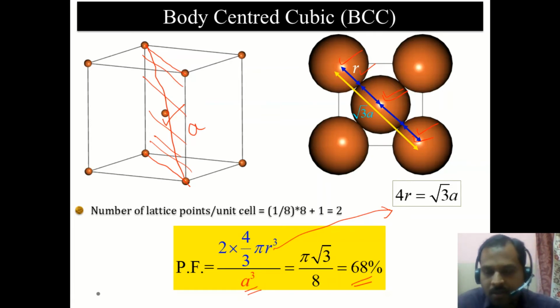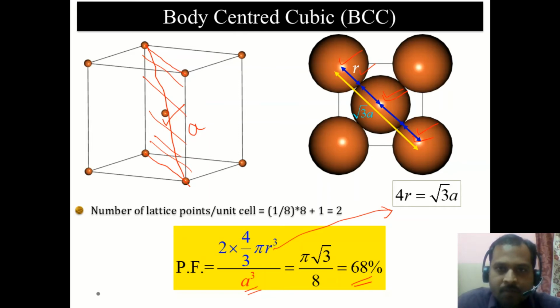So we saw that the packing fraction for simple cubic is 52%. That means 52% of the space inside the unit cell is occupied by the atoms, whereas 48% is void. Whereas in case of FCC unit cell, 74% of the space inside the unit cell has been occupied by the atoms, whereas the rest 26% is void.